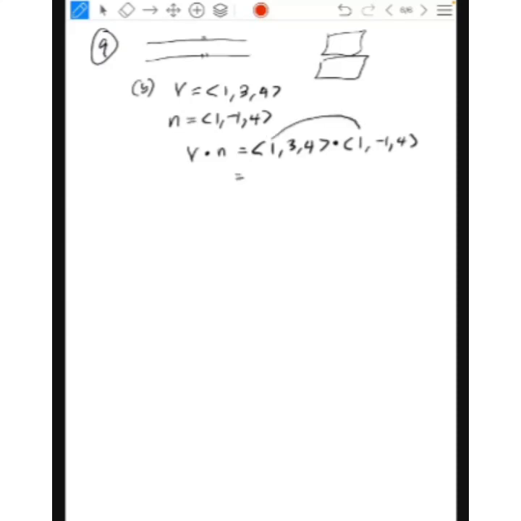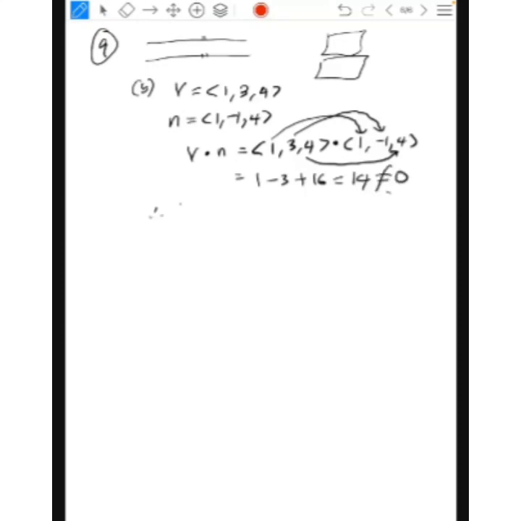You multiply the first term with the first term, the second with the second, and the third with the third, for each vector. So it will be 1 minus 3 plus 16. Obviously, dia tak sama dengan kosong lah. It equals 14, not equal to zero.